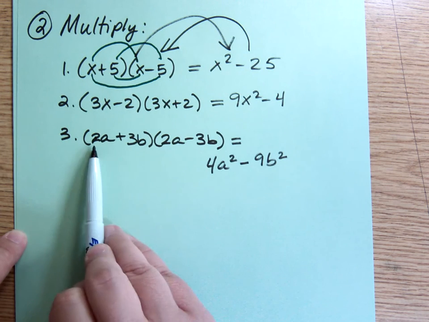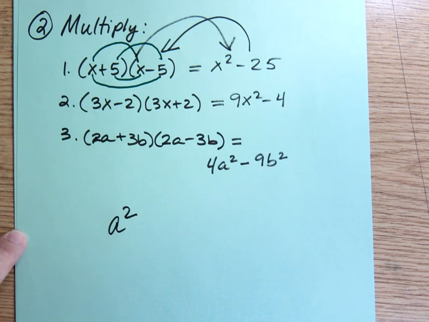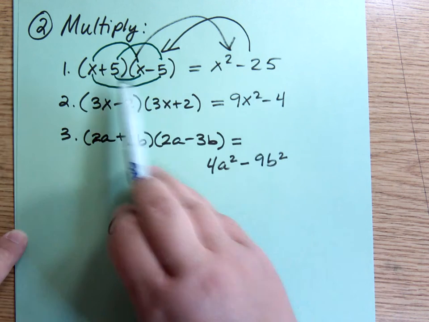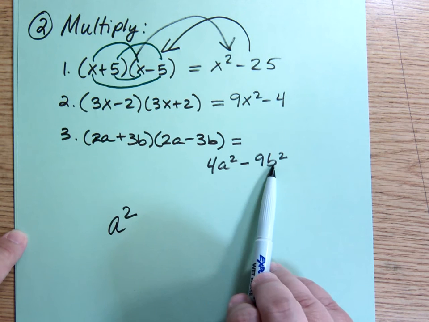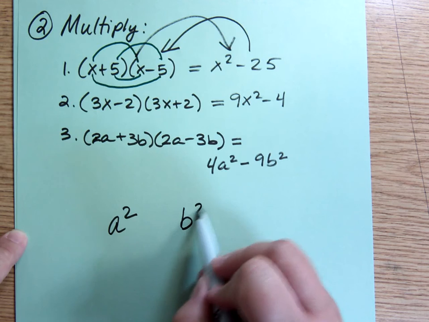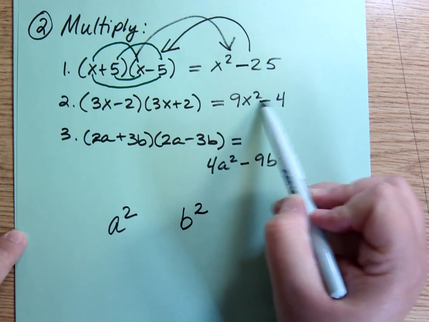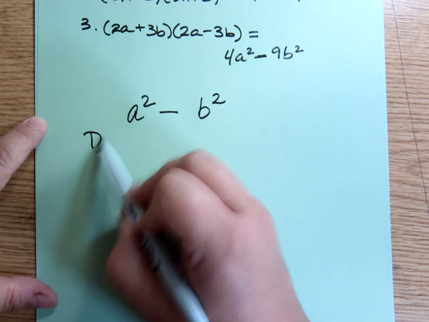This is 2a times 2a. Same thing over here, I have the square of something on the back end. 5 times 5 is 25, 2 times 2 is 4, 3b times 3b is 9b squared. And notice that it always ends up having a minus in the middle.